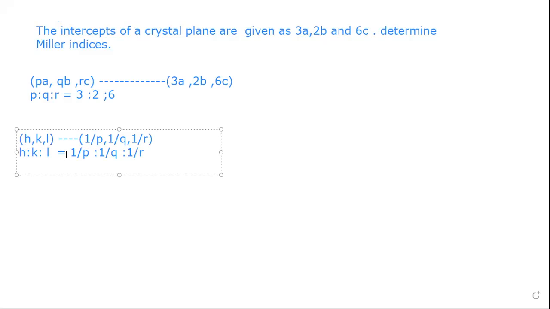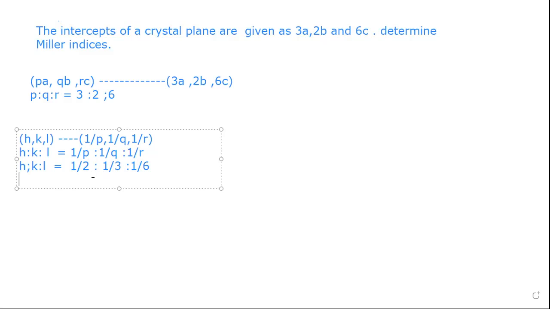Now we substitute the p, q, r values. h is to k is to l equals 1 by 2 is to 1 by 3 is to 1 by 6. And the next step is we have to take the LCM of the denominator values.